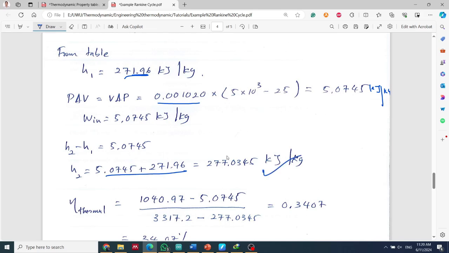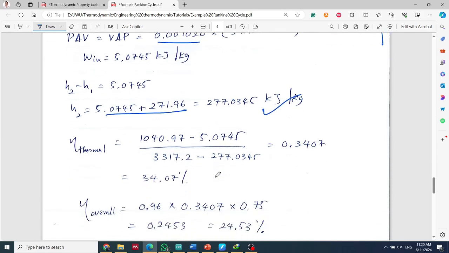Then we can calculate the thermal efficiency. We know all the H1, H2, H3 and H4 values, therefore it is simply subtraction. This is the W out, this is the W in, then this H3 minus H4.